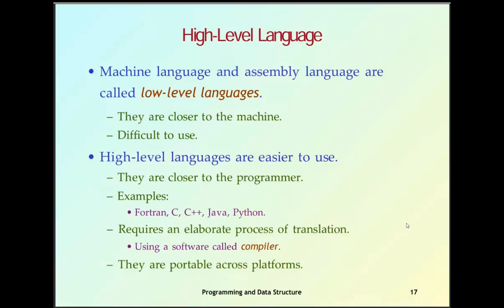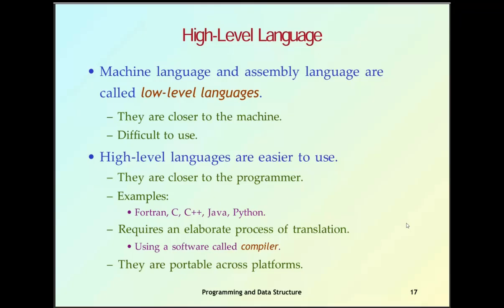Right? Now, if a user writes a program in high level language, it must be converted or translated into machine level language. Then only will the machine do the needful for us.